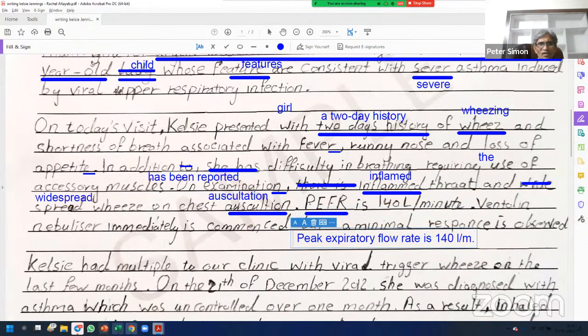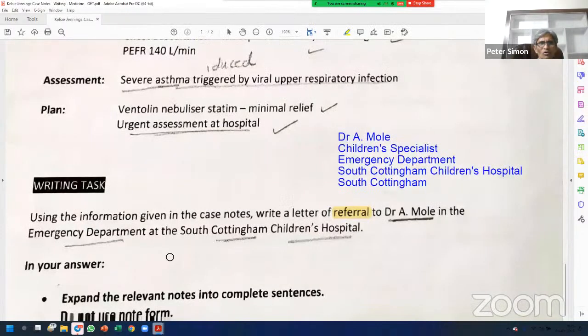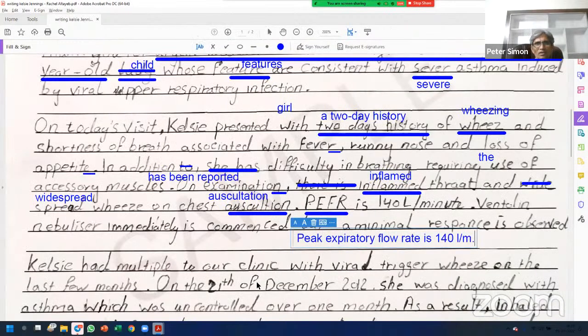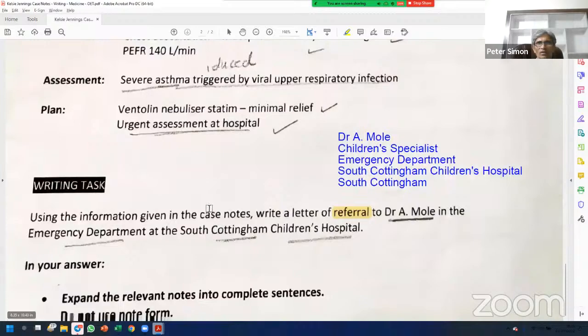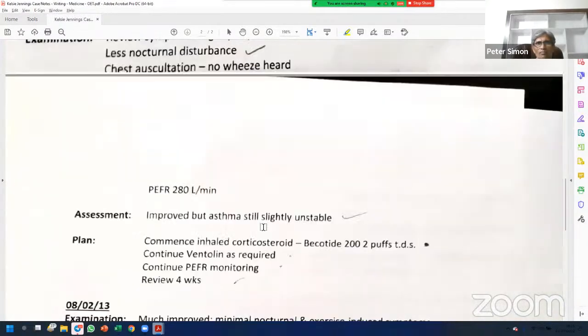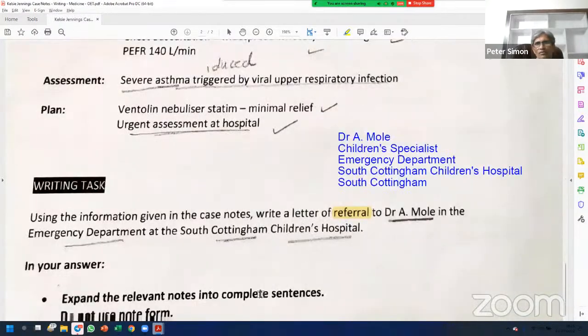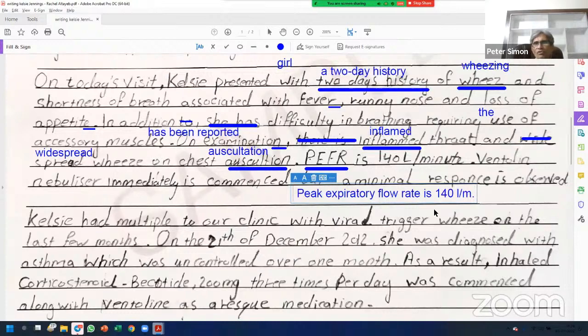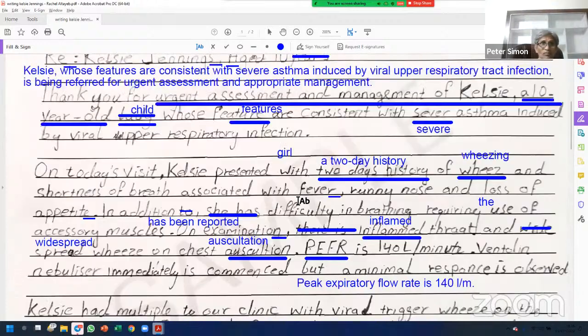In the question they will say, don't write in note form. At the bottom it will be written here, don't use note form. In this statement it is not there, so you don't use note form. Peak expiratory flow rate is 140 liters per minute. Ventolin nebulizer immediately is commenced, but a minimal response is observed.